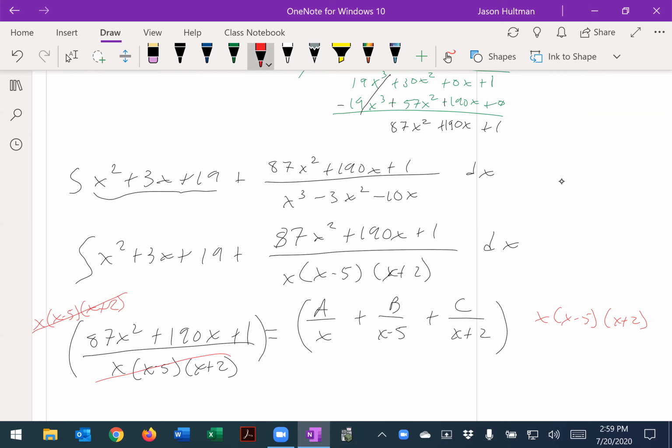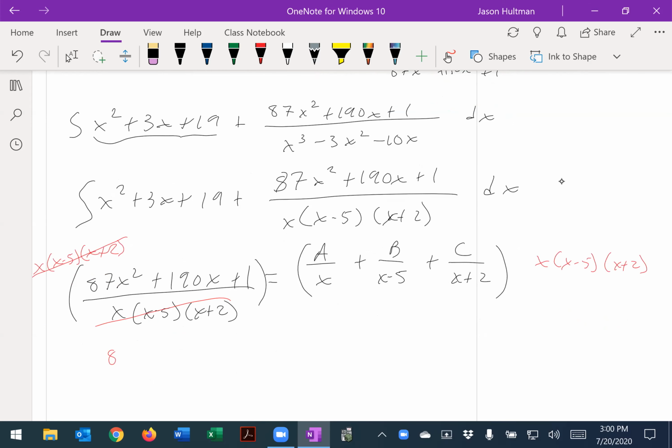And we're going to get 87x squared plus 190x plus 1 is equal to a times (x minus 5) times (x plus 2) plus b times x times (x plus 2) plus c times x times (x minus 5).